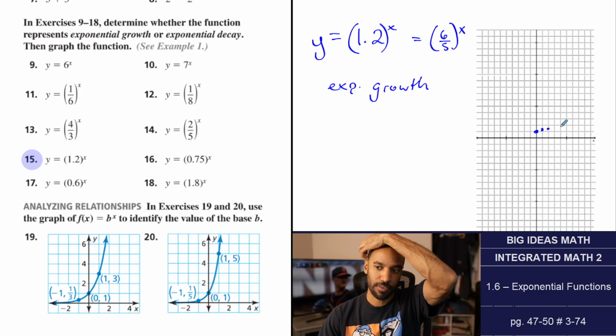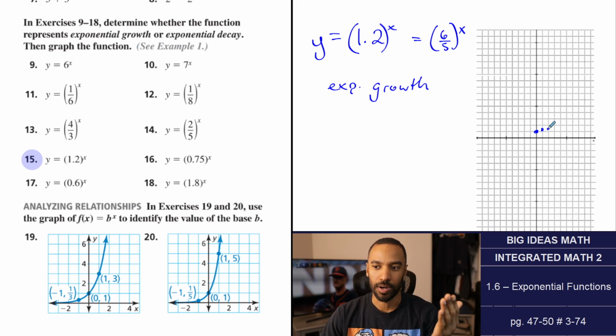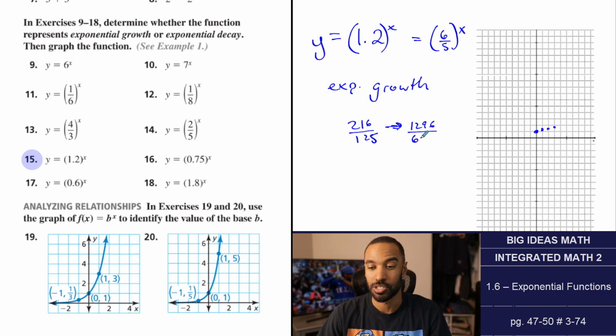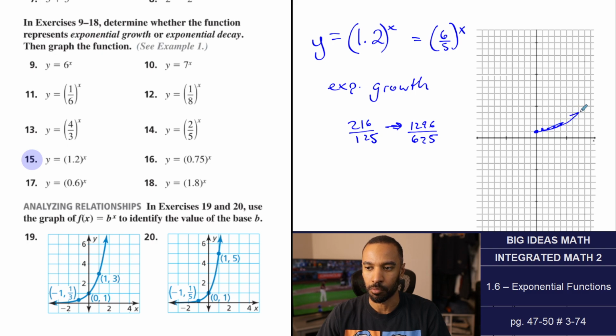So first one is 6/5, and then 36 25ths, and then 216 over 125, which is a little less than 2. And then 1296 over 625, which is just more than 2. So it's a very slow increase that way. I'm obviously not going to be calculating more than that; they probably wouldn't fit.